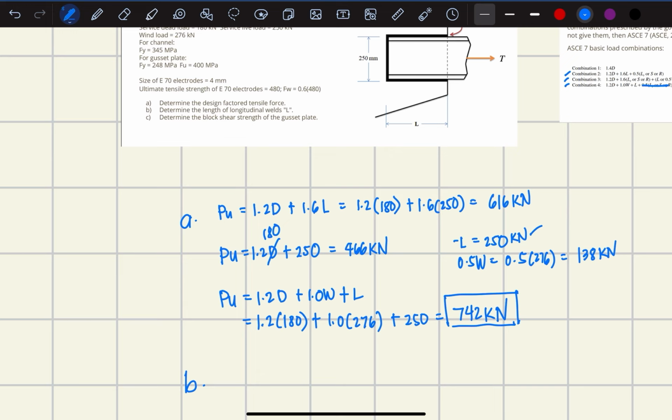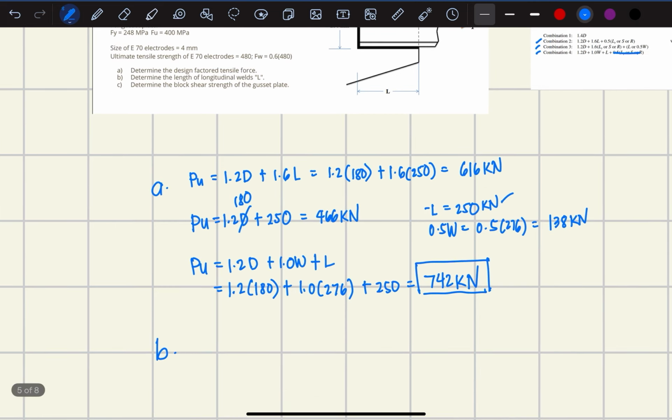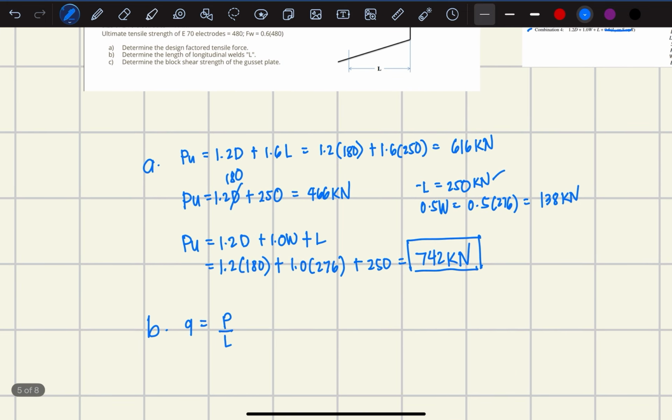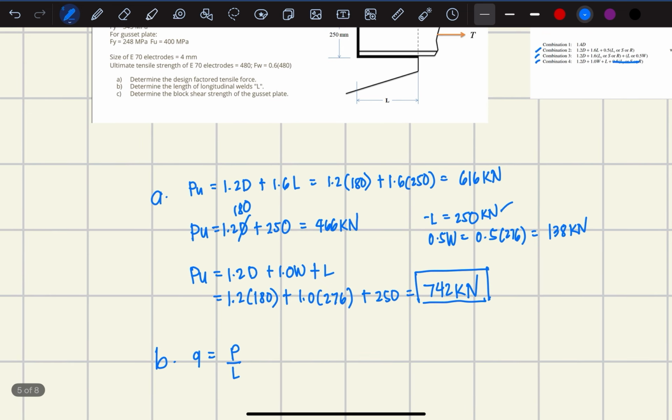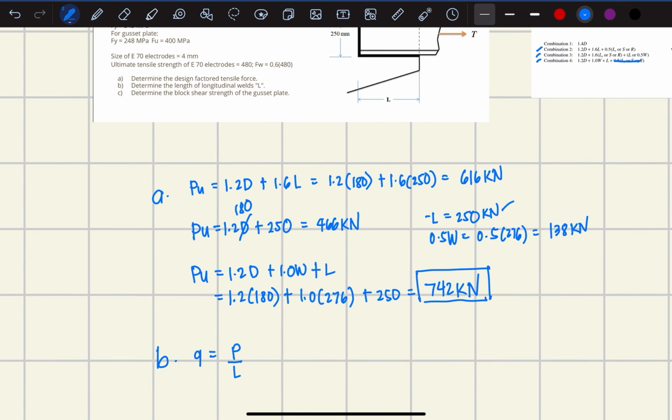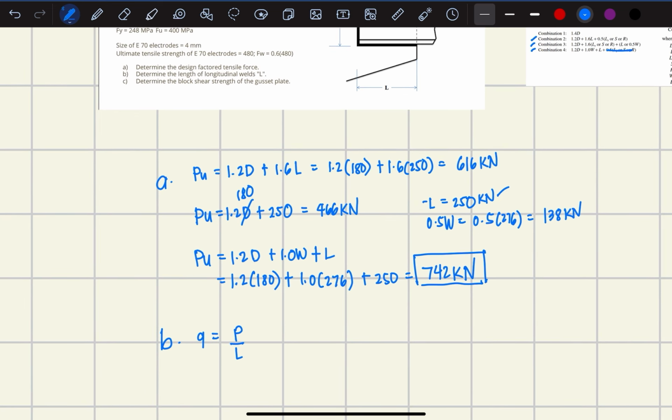So, to solve this one, isolve muna natin yung q is equal to P over L. Pinapahanap is the longitudinal welds. So, makukuha natin yung q.